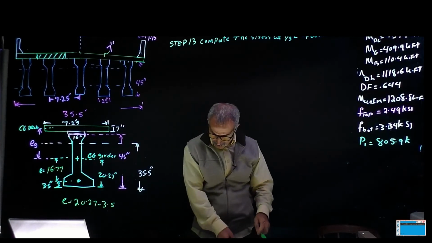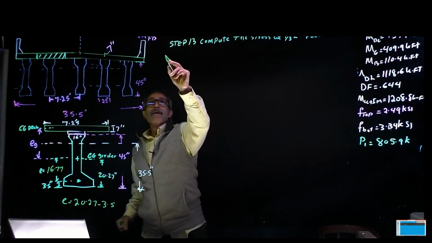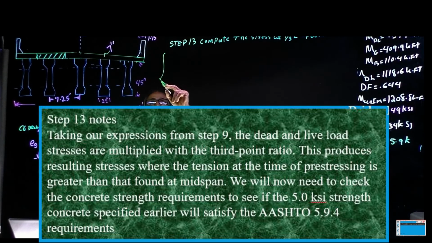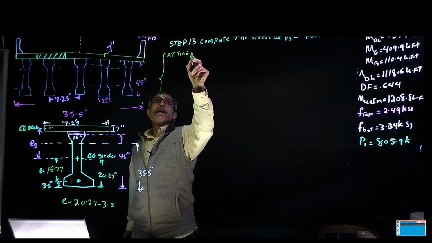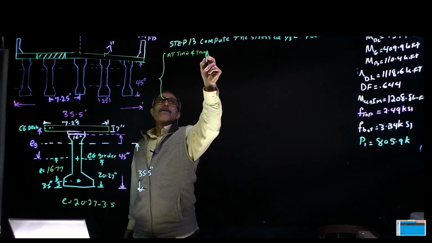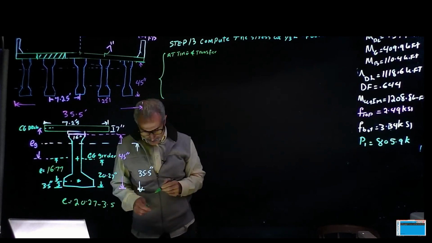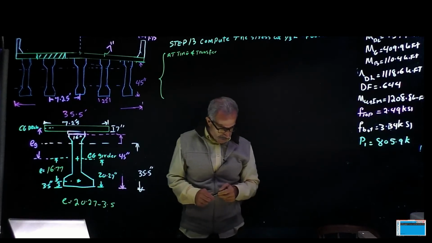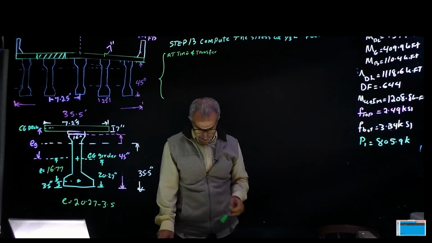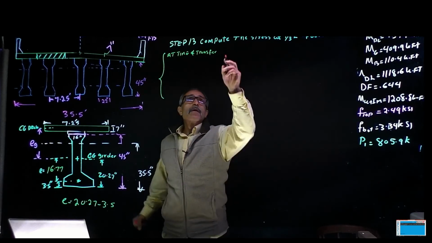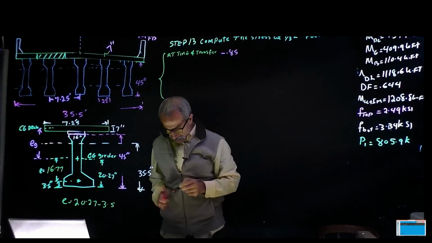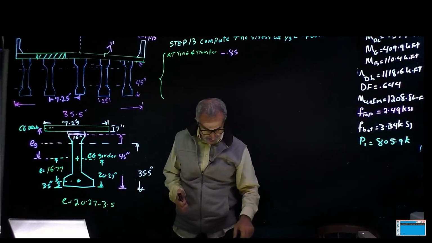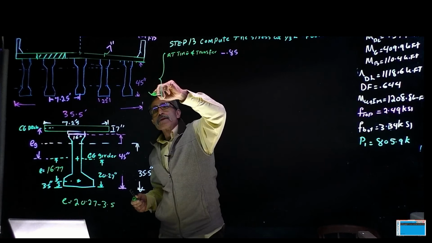So at the time of transfer, we're going to have the same equation we had from previous step, minus 0.85. And this is going to be basically for the top of the girder.